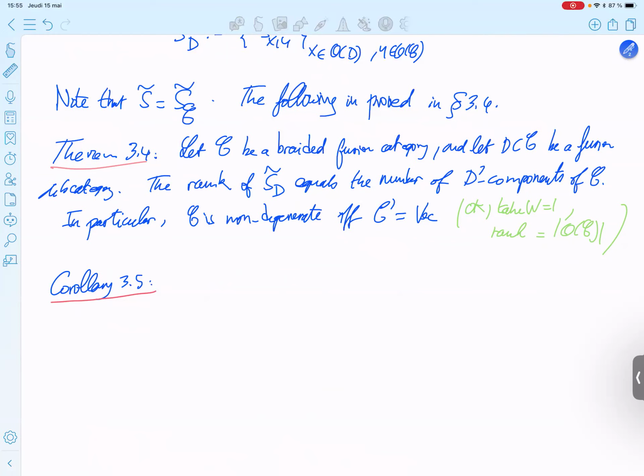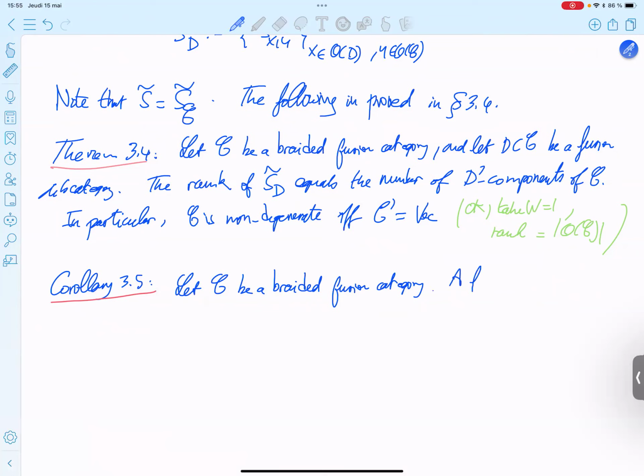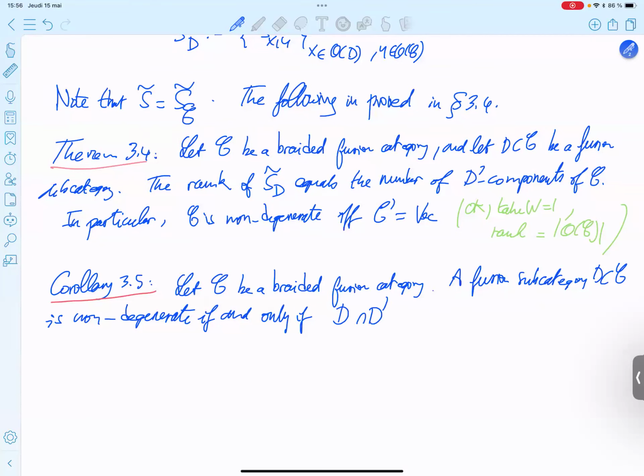So a fusion subcategory D is degenerate if and only if the intersection of D with its centralizer is trivial. And you see, it's immediate from the last sentence of the previous theorem.